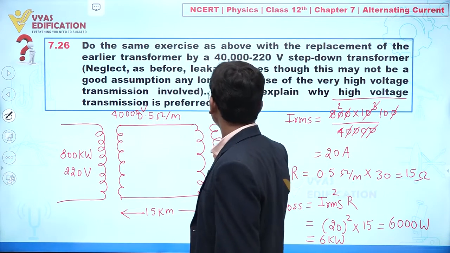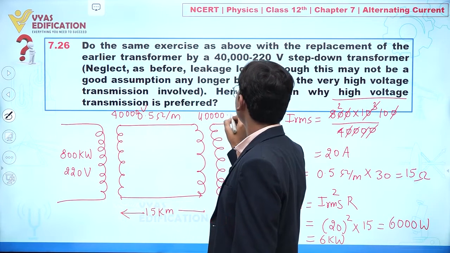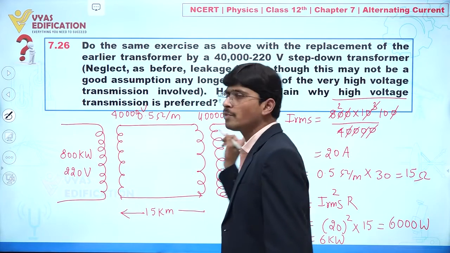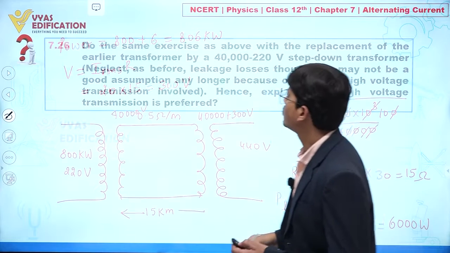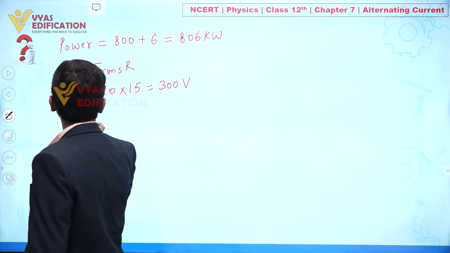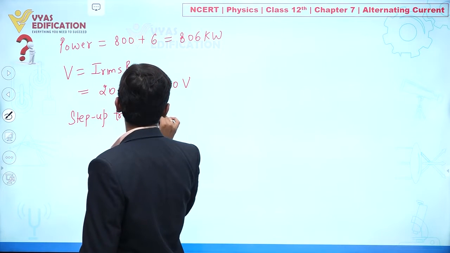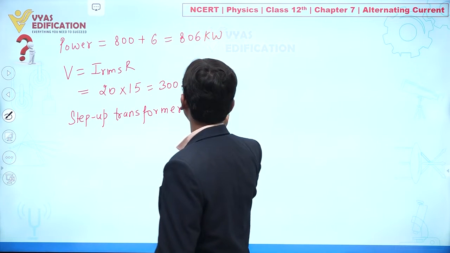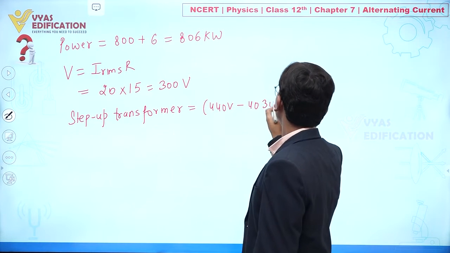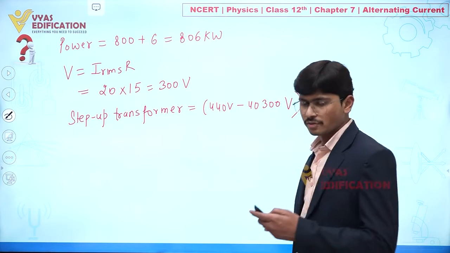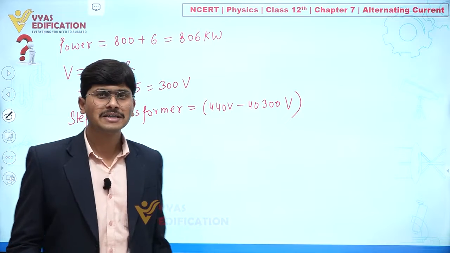So this transformer should have 40,000 plus 300 volt, because we are losing 300 volt of potential drop due to this resistance. So the rating of the step up transformer is 440 volt to 40,300 volt. Clear to everyone? Yes.